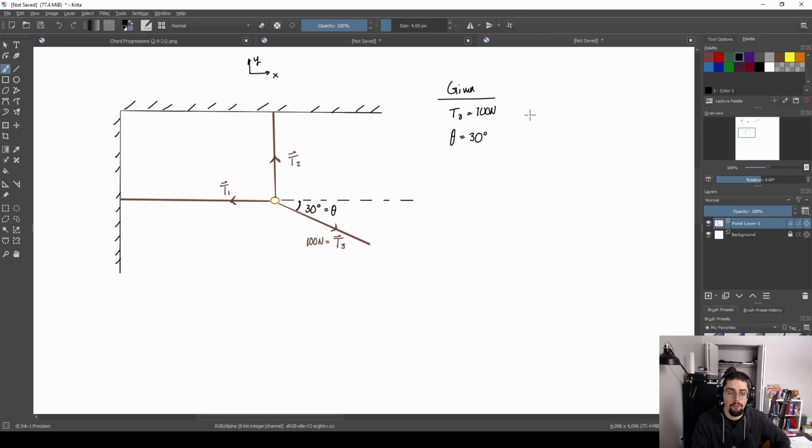Sum of all forces is 0. That's the key that I'm looking for. I could say that all of the forces summed up in the x direction and all of the forces summed up in the y direction should both be equal to 0.